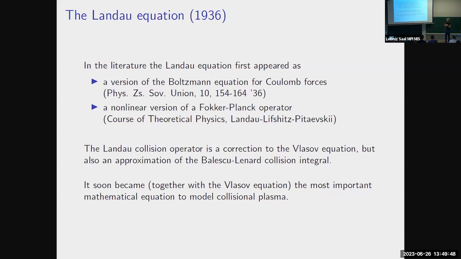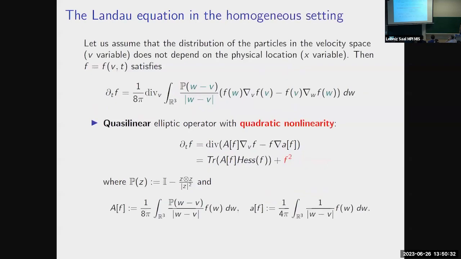This derivation can be found in the course of theoretical physics by Lifshitz and Pitaevskii. It can be interpreted as the first approximation in the mean field regime to the Vlasov equation, taking into account collisions. It is also a simplification of the Balescu-Lenard collision integral, which is much more complicated, and it is definitely one of the most important models used for collisional plasma.